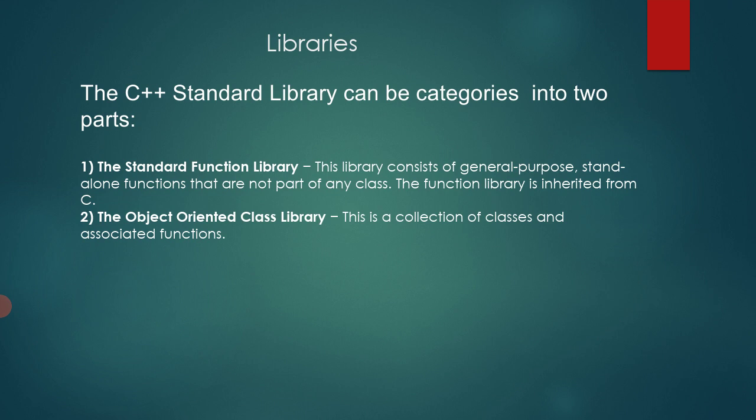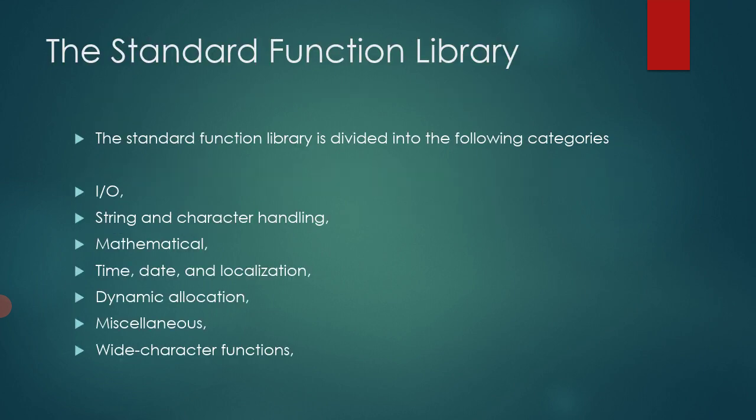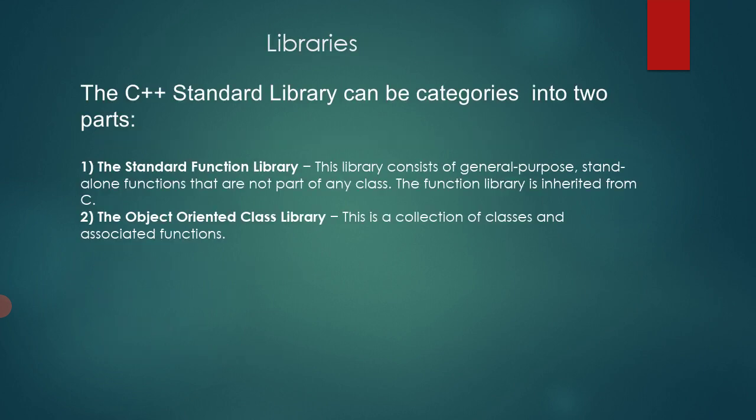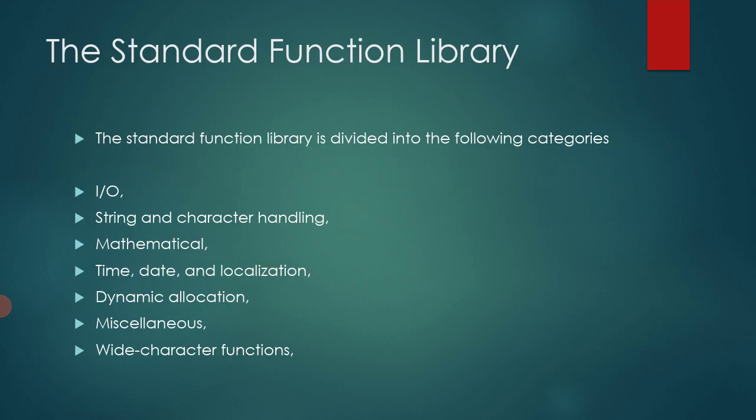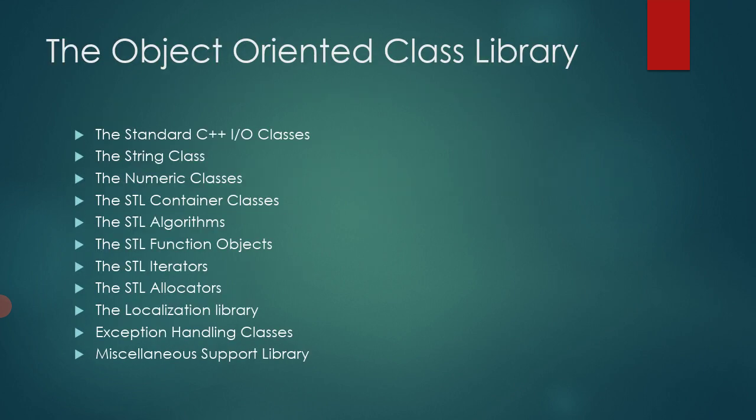In the standard function library, we studied general purpose functions like string, input, output, math functions, date, time, dynamic allocation, and miscellaneous functions. Whereas in the object oriented class library, we studied the functions related to the standard template library of C++, how we have to deal with algorithms, functions, iterators, allocators, and exception handling.